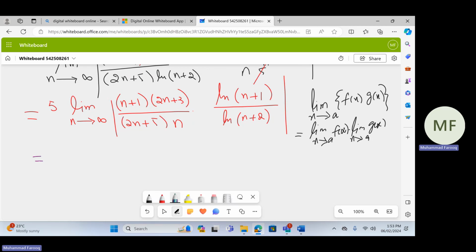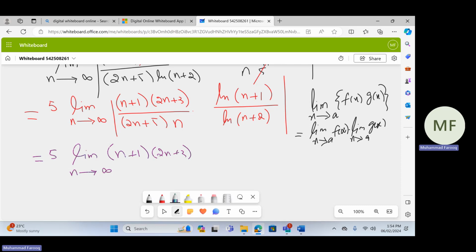Means here is 5. Now limit as n approaches infinity. Here we write, first I write here. Otherwise, it's very clear what the answer is here: 1. Because if you multiply these two, what's the degree? Square.